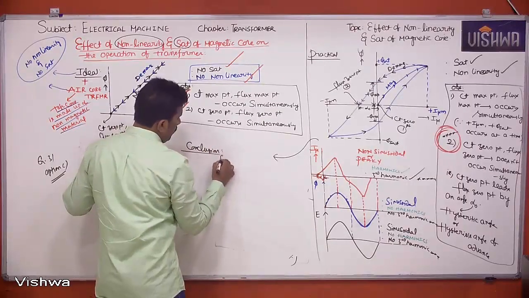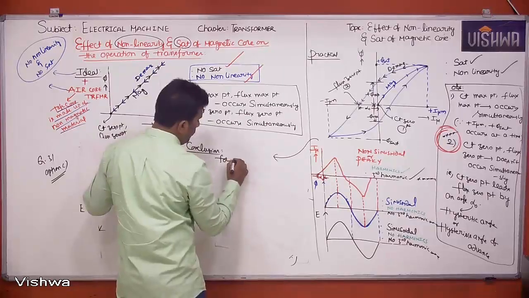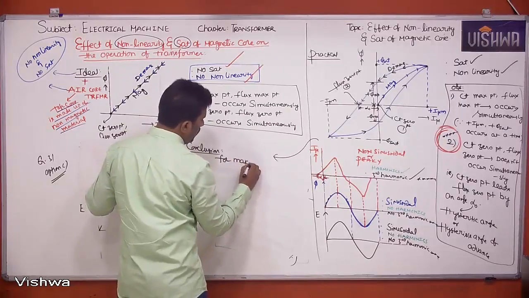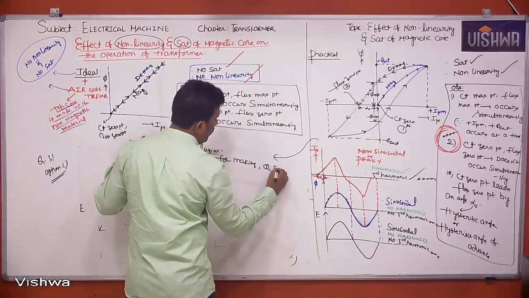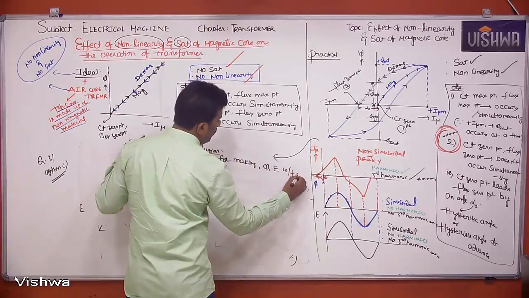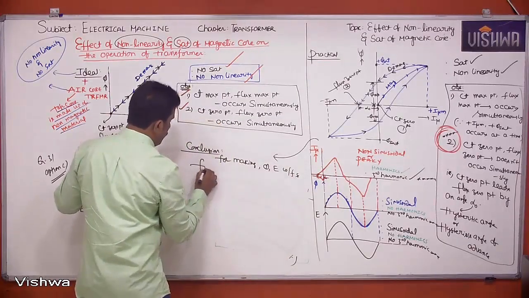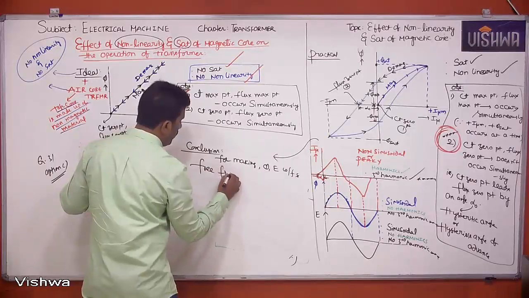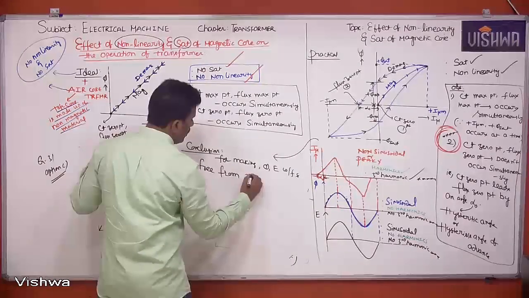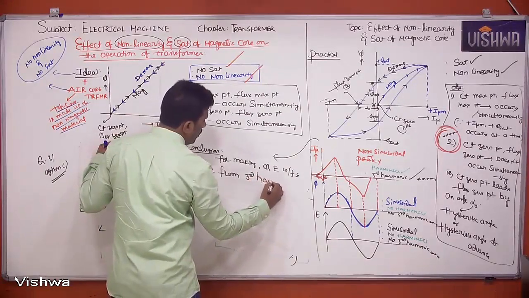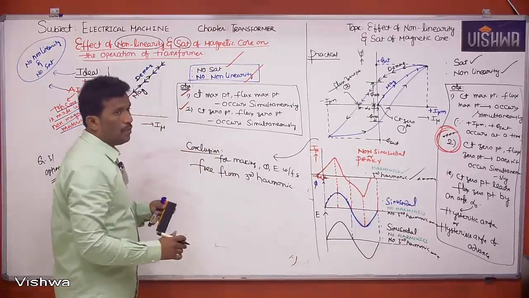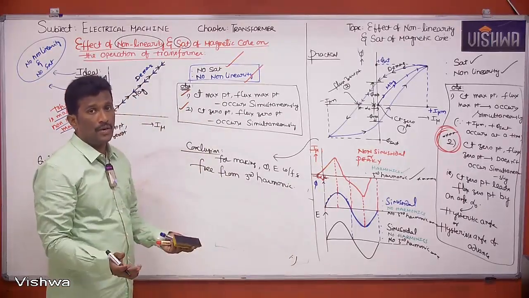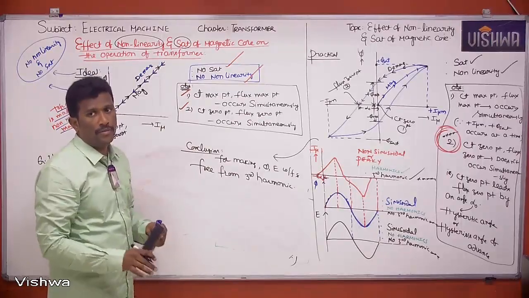See, for making flux and EMF waveforms free from third harmonic. Free from third harmonic means what? If you don't want third harmonic in a flux and EMF waveform, that's the meaning.